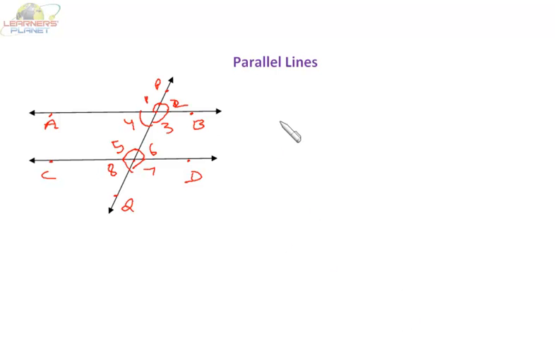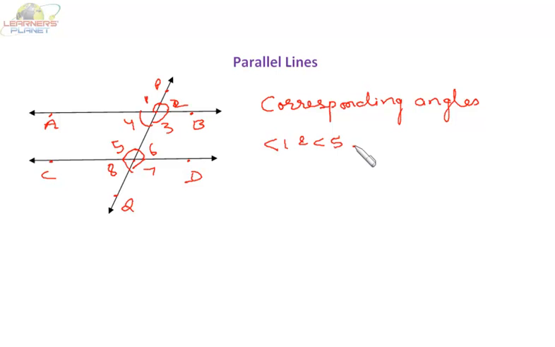First of all, let's discuss corresponding angles. Friends, we see angle 1 and angle 5, angle 2 and angle 6, angle 4 and angle 8, and angle 3 and angle 7. Now what's special about them?